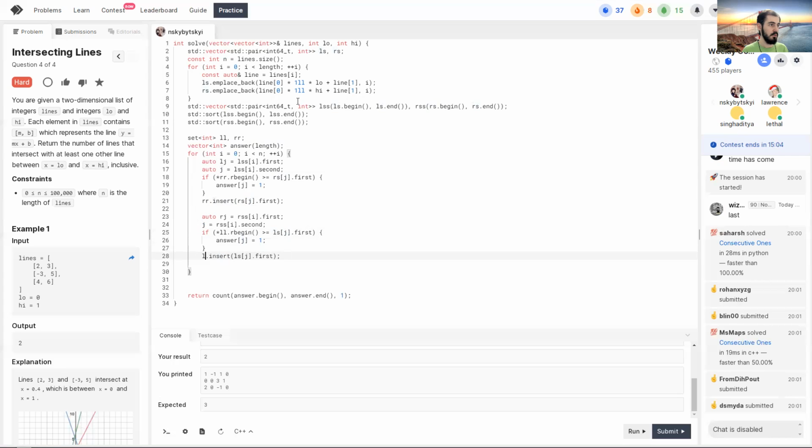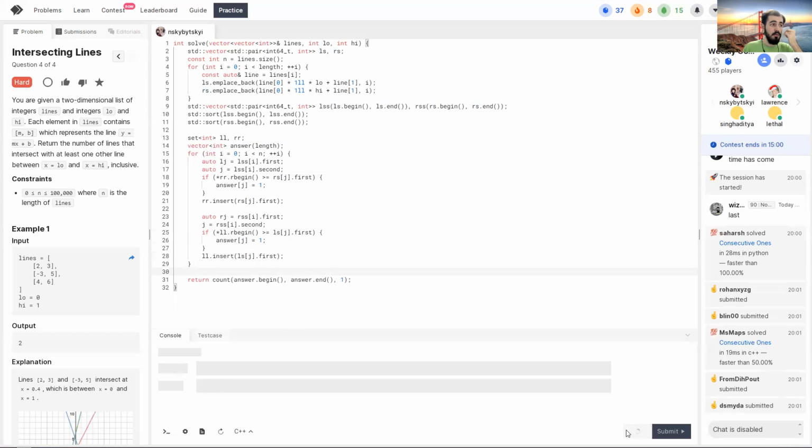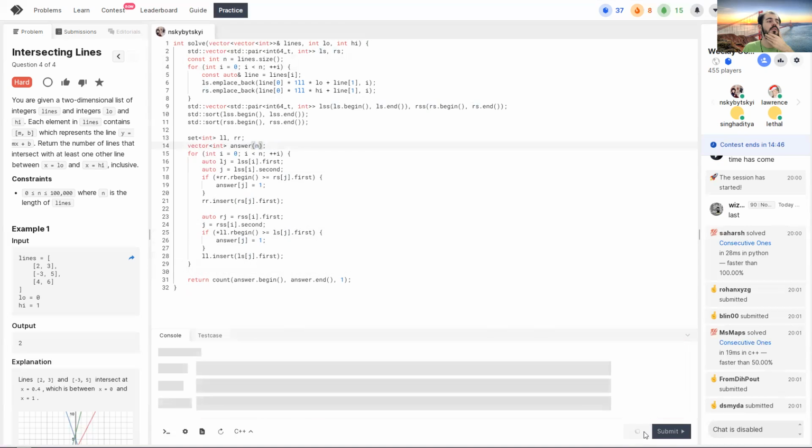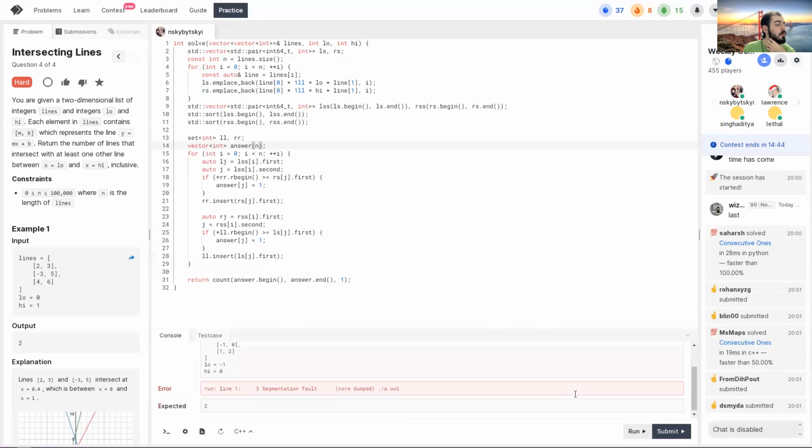Here I insert into lefts. I don't know. Lens was not defined. What do you mean n was not defined? Where and why?